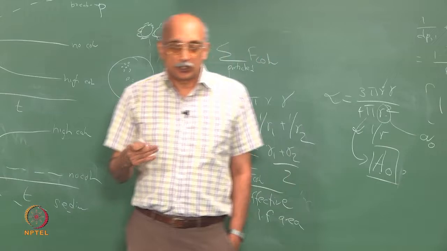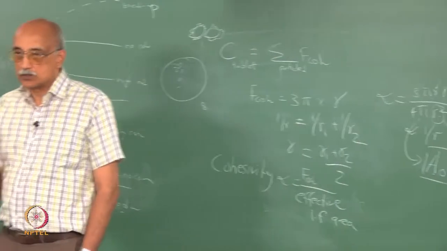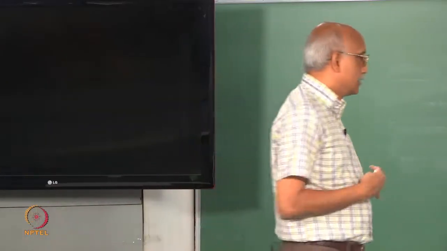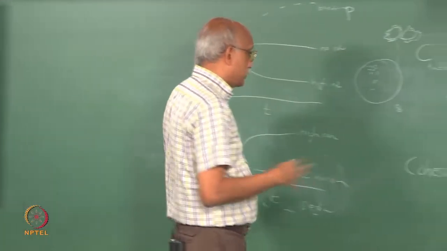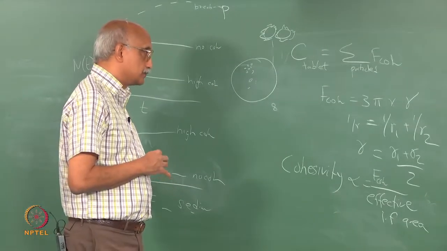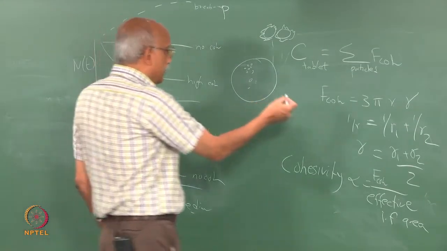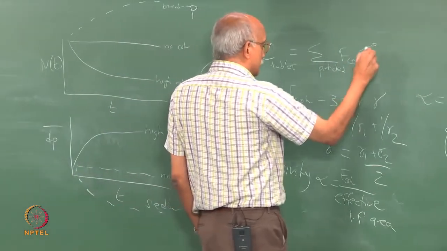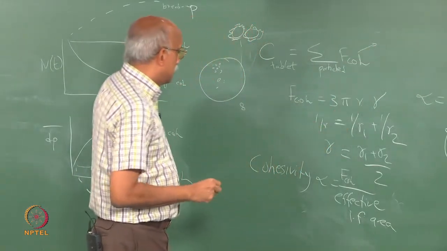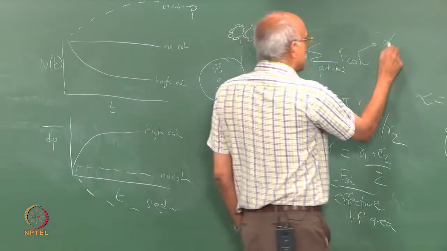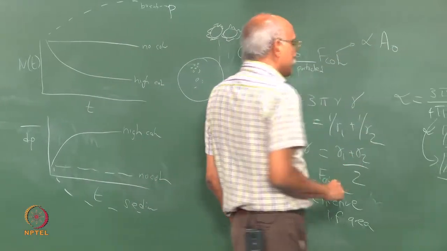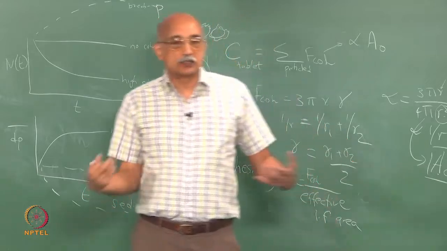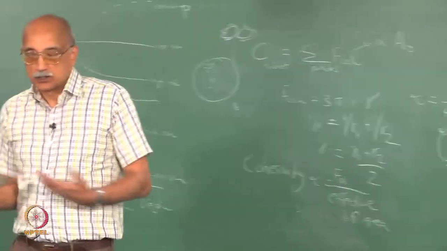So, the reduced radius of contact is going to have an influence on both the numerator as well as the denominator in this expression. So, going back, we can write this F cohesive as some alpha times A0, where alpha is your cohesivity and A0 is the effective interfacial area of contact.